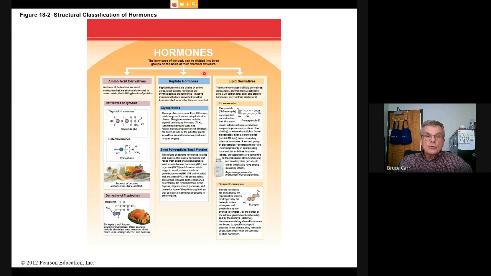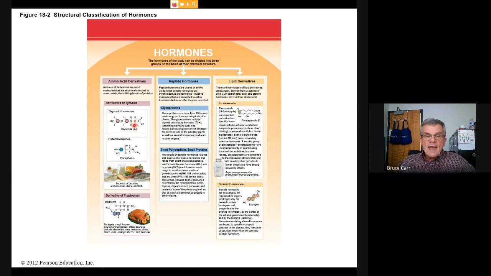First, let's look at these 3 categories. Here's the amino acid derivatives. Derivatives of tyrosine. Tyrosine is a pretty big amino acid. What you can see here is the amine group and the carboxylic acid group and the alpha hydrogen on this central carbon. It's right under where the pointer is. But look at that R group on tyrosine.